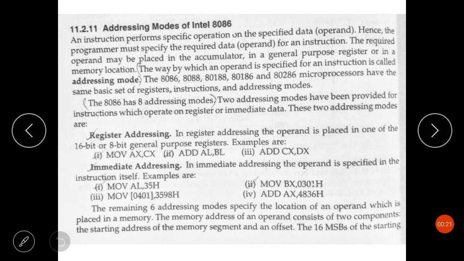Again I am explaining. As we know, in every microprocessor we give some instruction. What is the function of that instruction? That instruction performs a specific operation on a specific data.